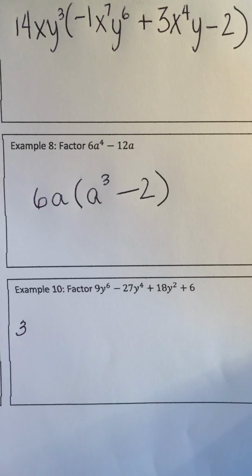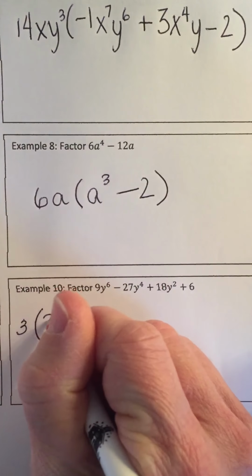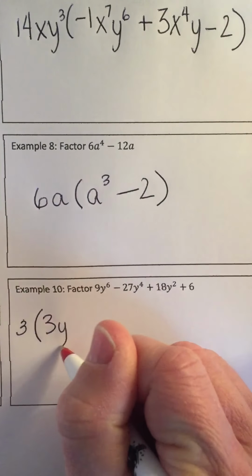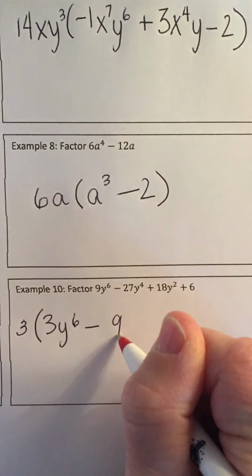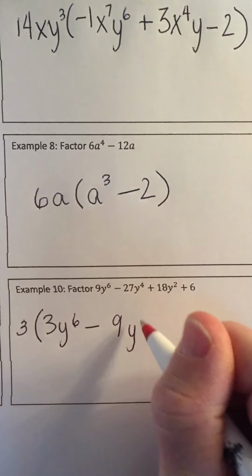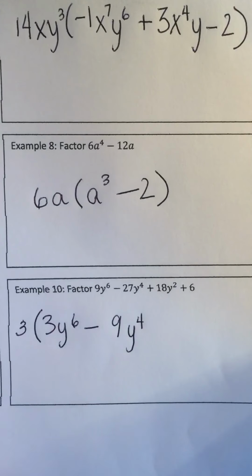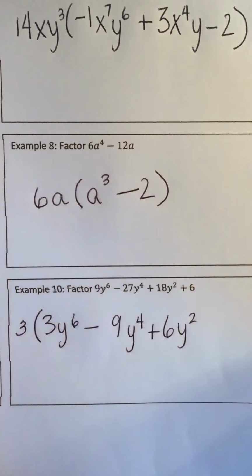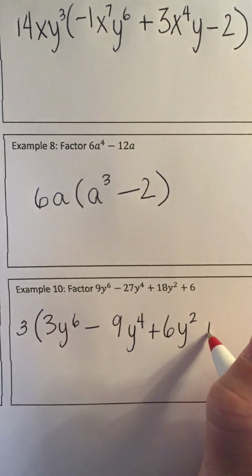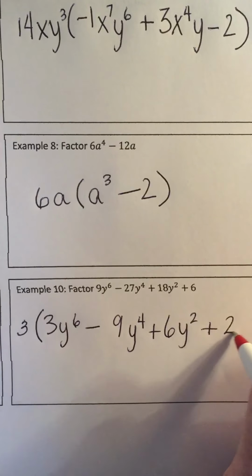Look at the variables. 6 does not have any variables with it, so we cannot factor any variables out of any of them. 3 times 3 is 9, y to the sixth, minus 3 times 9 will give me 27. We still need that y to the fourth. 3 times 6 is 18, y squared, plus 3 times 2 is 6.